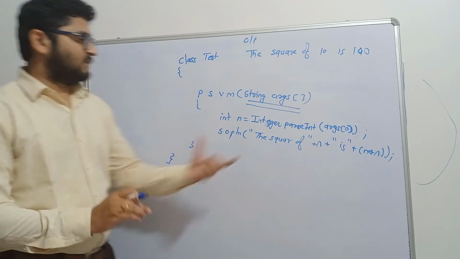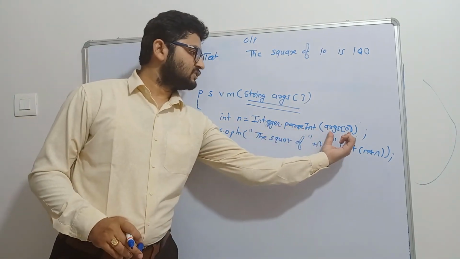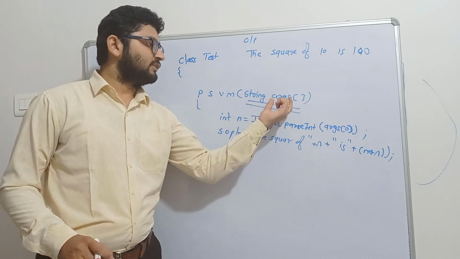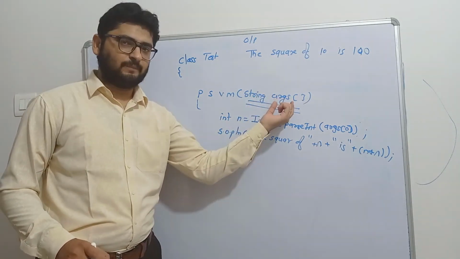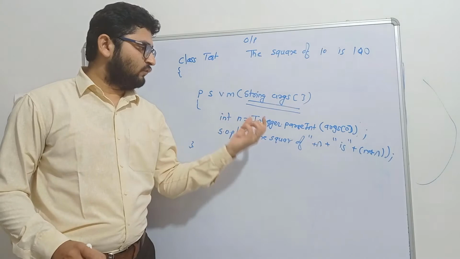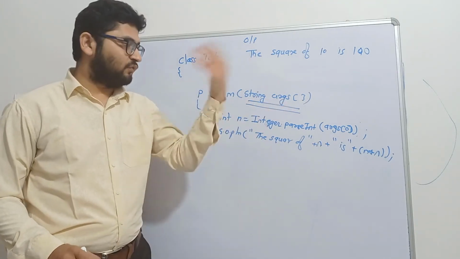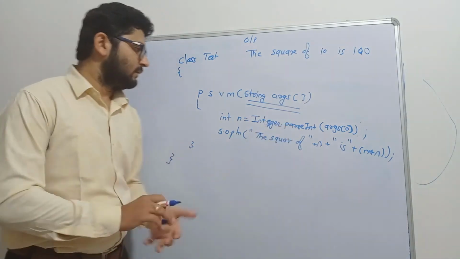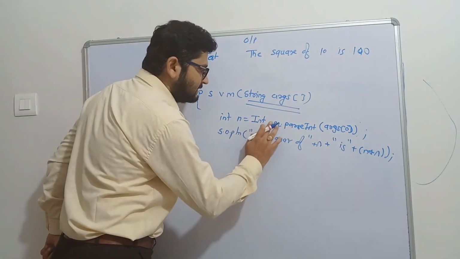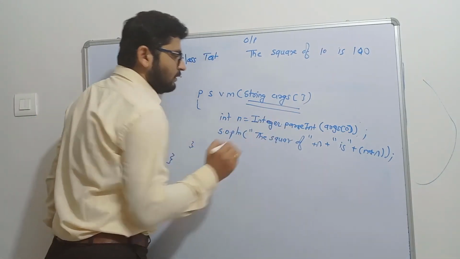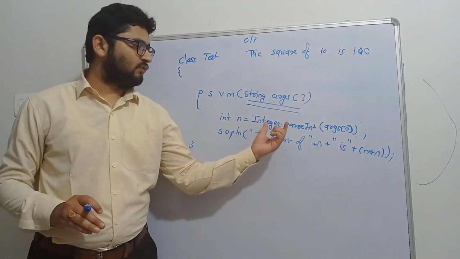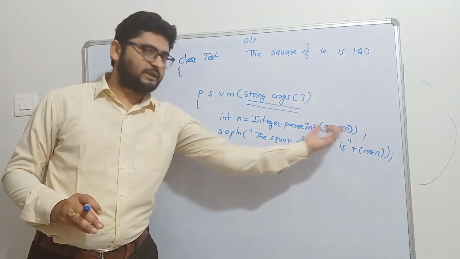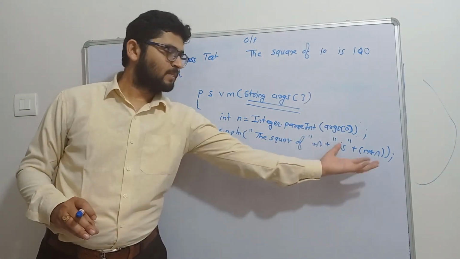What this function does is convert this string into a number, because args is nothing but the array of strings. We want to find the square of the number, so first you need to convert this string into the number. With the help of Integer.parseInt, you convert the string into the number, and then you find the square of that number.